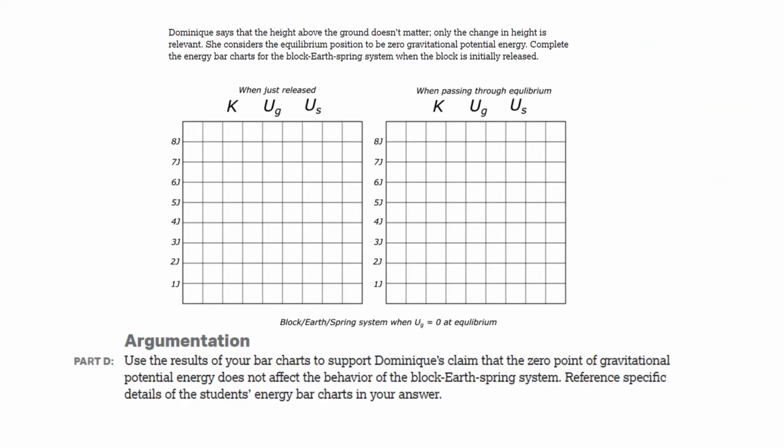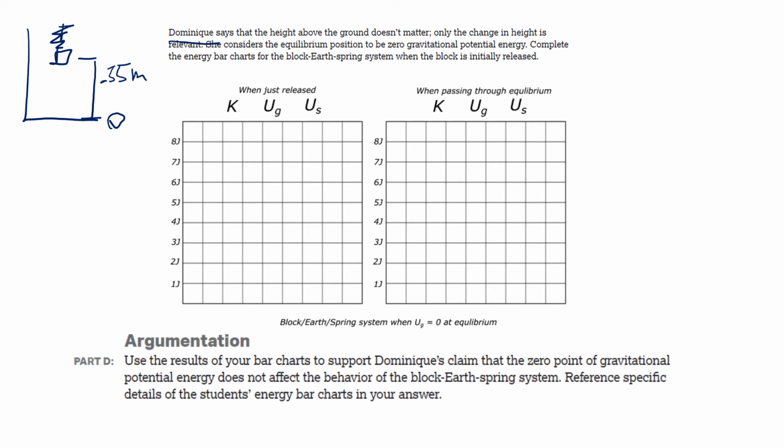Okay, last part. And this last part is all about setting your zero. So Dominique and Angela have two different strategies. Dominique is not going to do what Angela did. Angela set the zero as the ground, and we did our math comparing the height of the spring to the ground, where it was 0.55 meters.